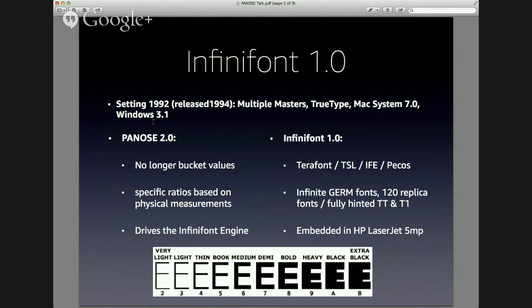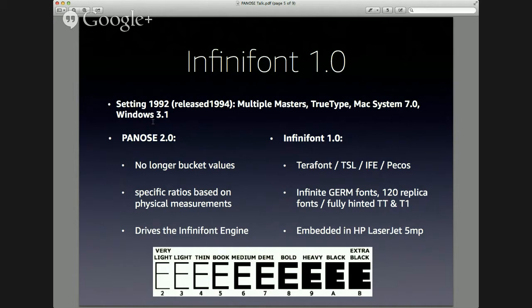So there's this bucket that says your medium weight, and that's a range of this to this, and there's this bucket that says your bold weight, and that's a range of this to this. Instead, PANOSE 2 said, this is your weight ratio. This number is the ratio of your cap height to your stem thickness. And so every value that was in there was now a discrete setting.